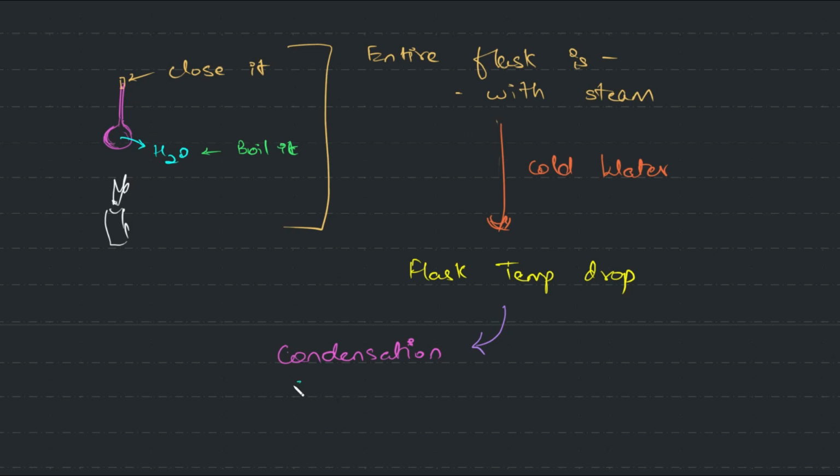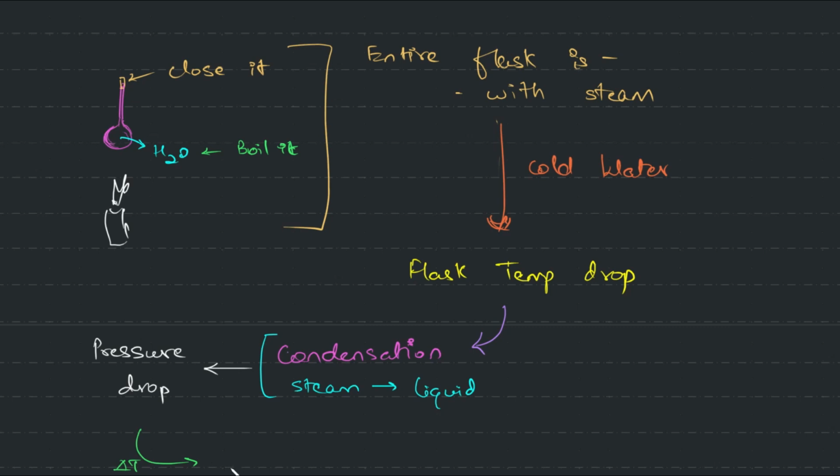This is closed. What happens to the pressure inside the flask? It was there everywhere, now it is occupying less space. So overall the effect is that the pressure drops.